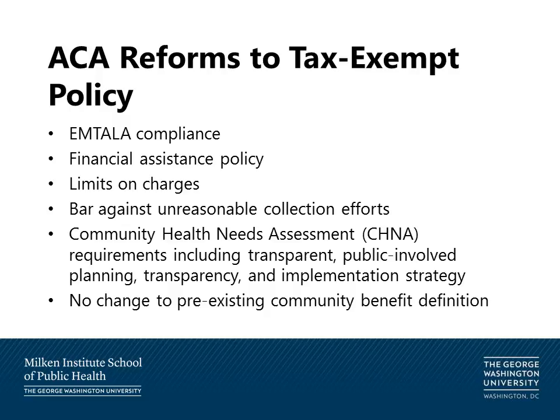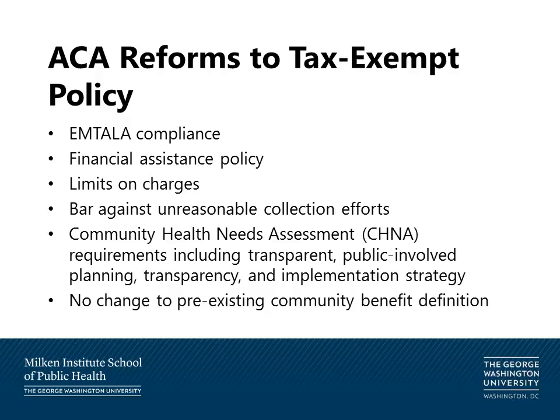So to be clear, and again, most of you I'm sure know this, in the Affordable Care Act, now hospitals are required every 3 years to conduct a community health needs assessment. That community health needs assessment must be made publicly available, and that usually means being posted on a website for the hospital. They're also required to adopt an implementation strategy.